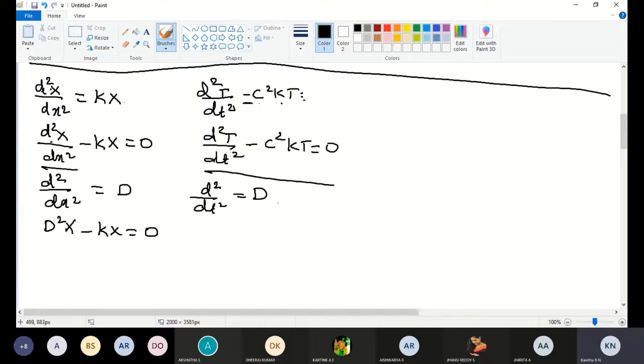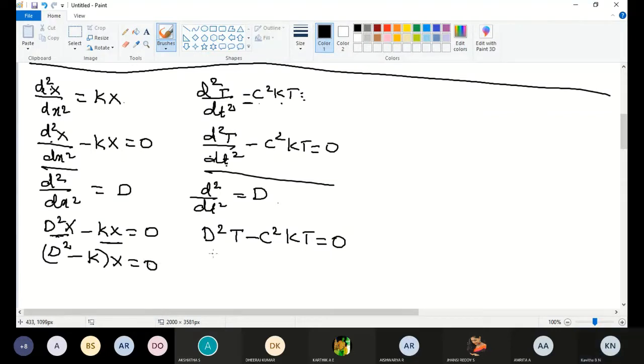Then d square T by dt square, I am writing d square capital T minus c square kT is equal to 0. Take X common in the first equation: d square minus k, X is equal to 0.